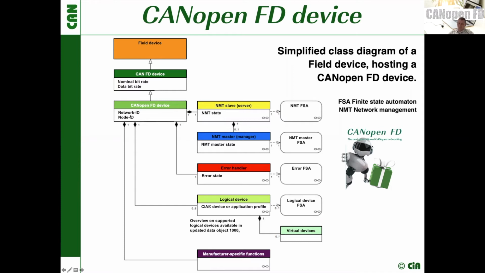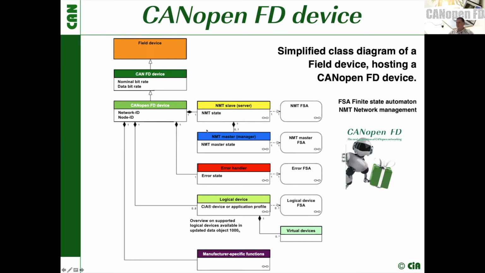Also in a CANopen environment, if you use the extension 302-7, you have learned that network IDs already exist. Here we have taken over this functionality in the basic CANopen FD specification 1301. Also for classic CANopen, we find the description of an NMT master. In CANopen FD, we now call it an NMT manager.